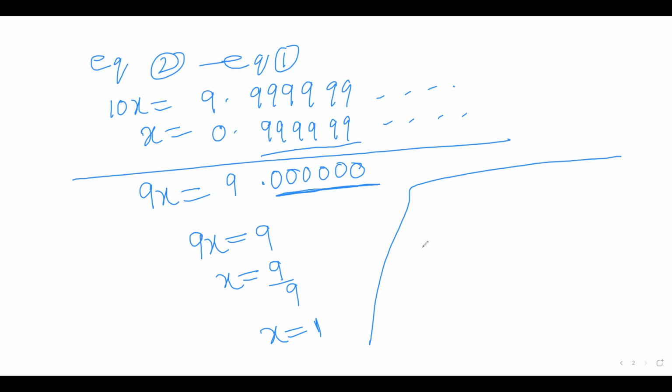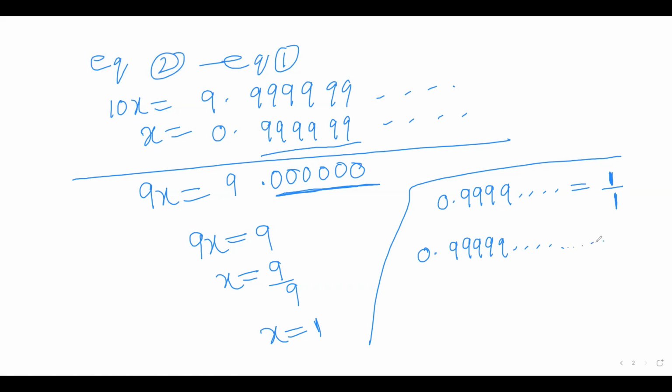Now here, 0.9999, and so on. We got the answer in p by q form, 1. We got the actual answer 1. p by q means 1 by 1. So as 9999 keeps on continuing, it will reach 1.